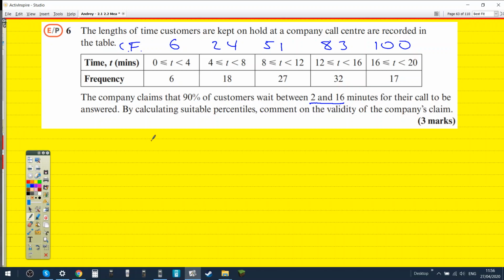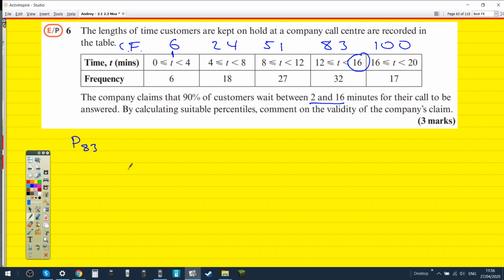What they're saying is from 16 here to 2 in there is 90%. So we have to work in reverse. What percentile is 16, using cumulative frequency? 83%.